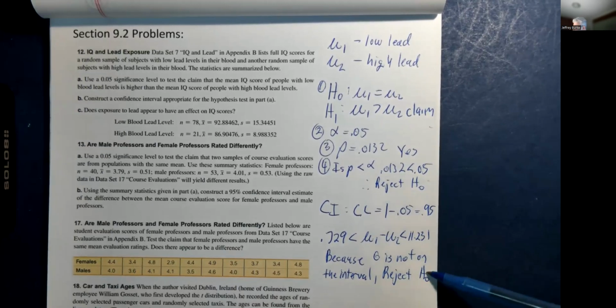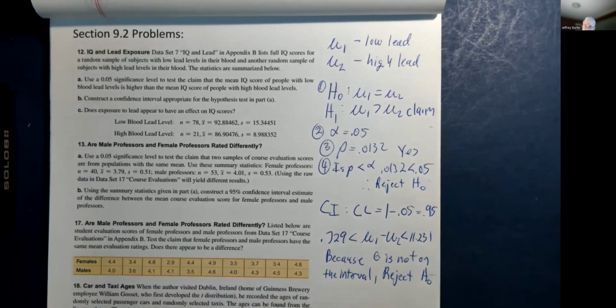And when you do this, you should in fact reach the same conclusion as we did with the p-value. That's typically what's going to happen here.